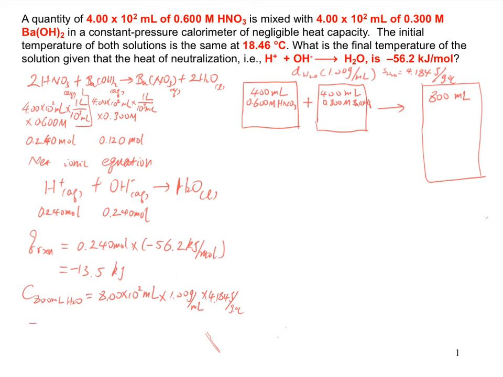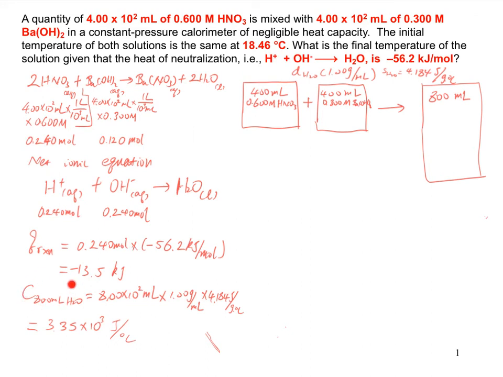It gives us 3.35 times 10 to the third joule per Celsius.